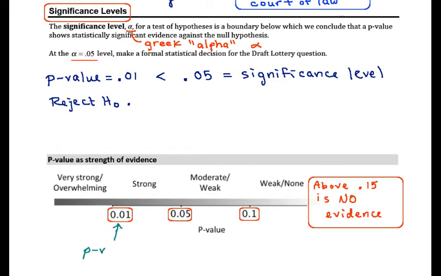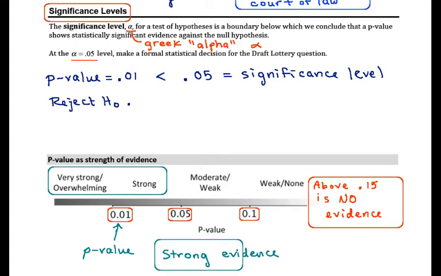Usually you find that it's between two of these. So the p-value from the draft lottery example was right here in very strong to overwhelming versus strong territory. I might just go ahead and call this strong evidence. Whether you call this strong or very strong doesn't really matter, right? We're in the ballpark. We would say strong evidence in this case.